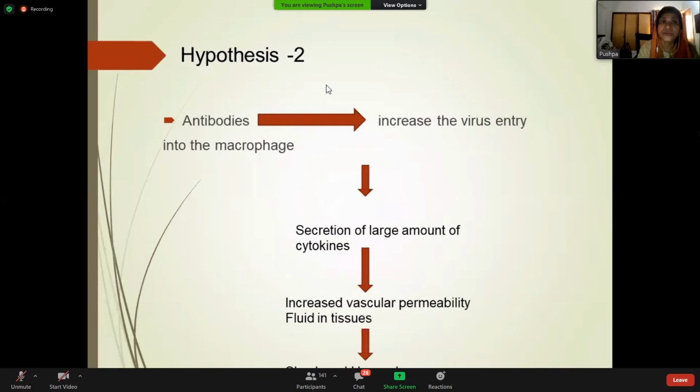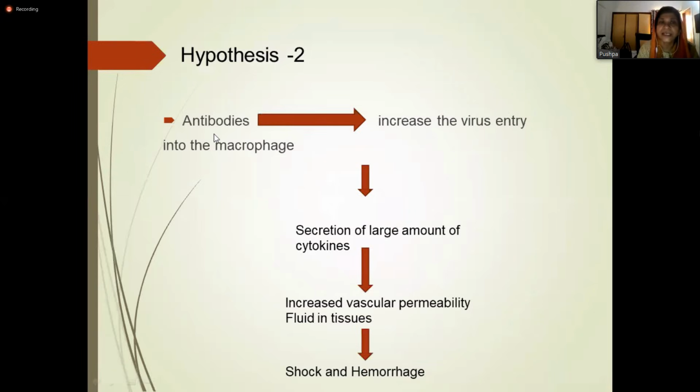In hypothesis 2, antibodies enter into the macrophage, increase the virus entry, then there is secretion of a large amount of cytokines. There is increased vascular permeability and fluid in the tissues, and then there is shock and hemorrhage. So these were 2 hypotheses.